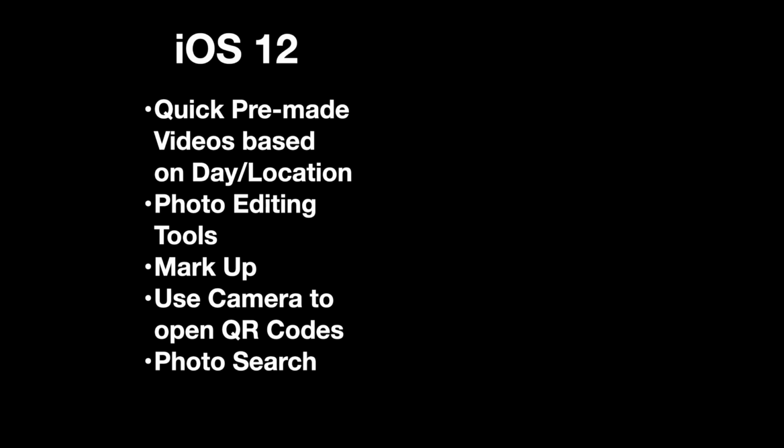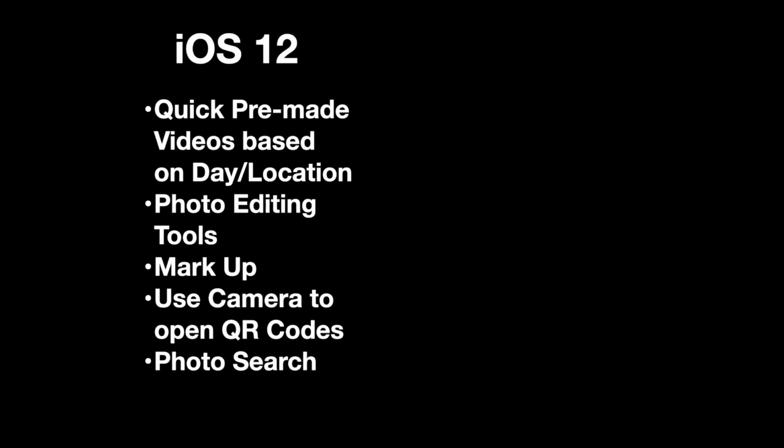So in iOS 12, this is when they really started changing the camera and the video. The quick pre-made videos that were put in iOS 12 in your Photos app are really great. You can take a bunch of photos of a situation or maybe something that you're working on in class and make a very quick video already pre-made for you from Apple.